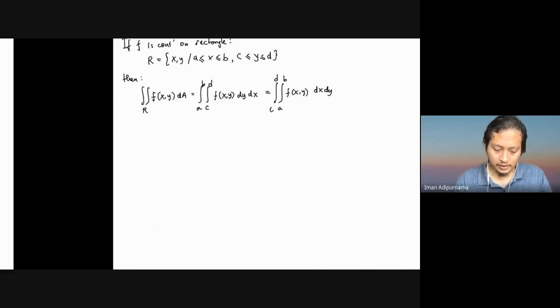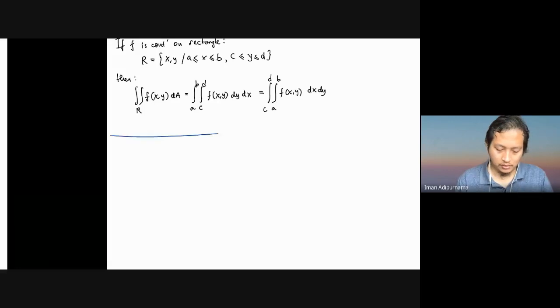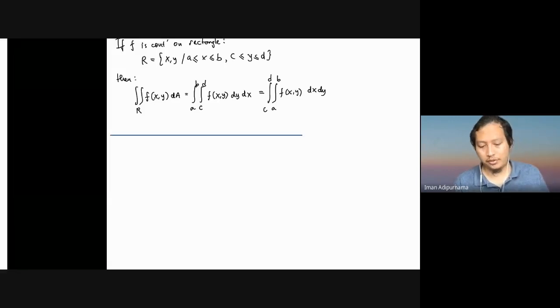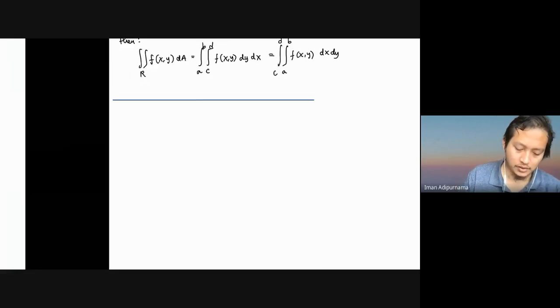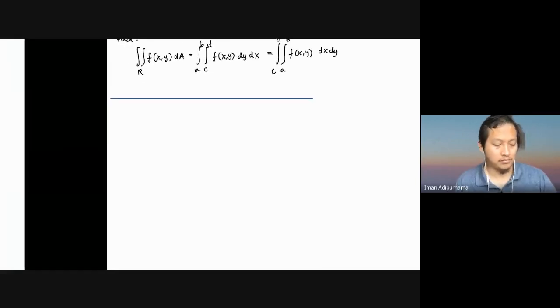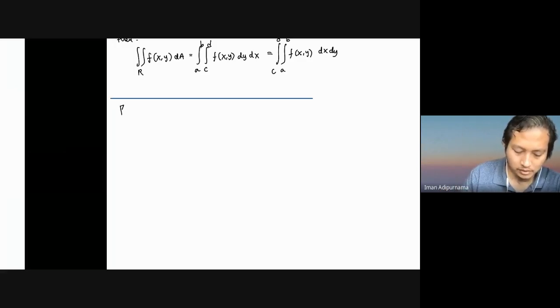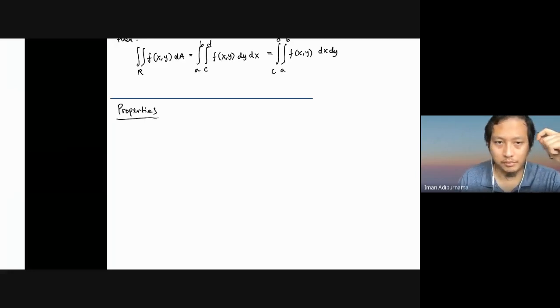The next thing is, I want to summarize as best I can the first part of chapter 15, because it's mostly introductions, so that you can skip some parts of the textbook. Let me write some properties that you might need on multiple integrals.